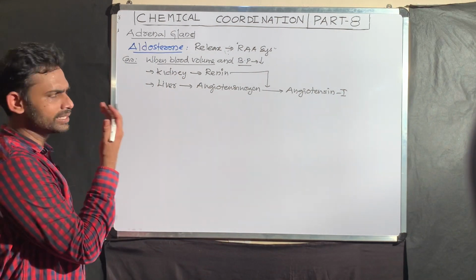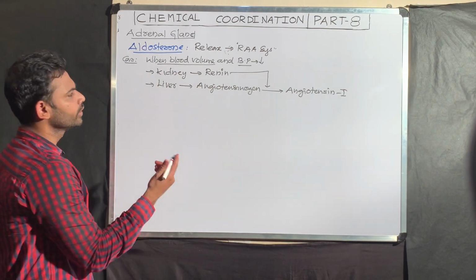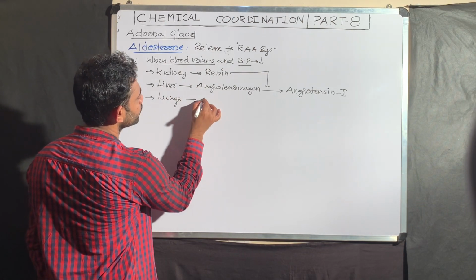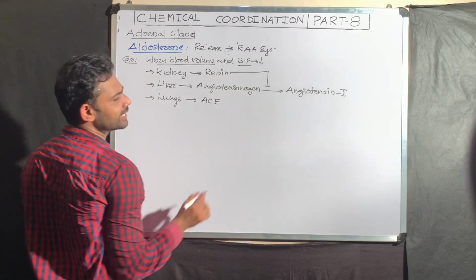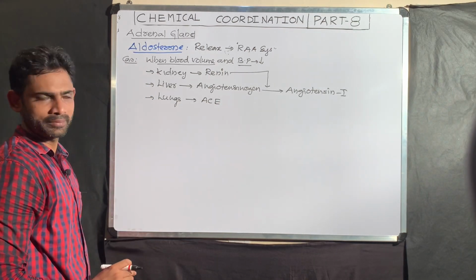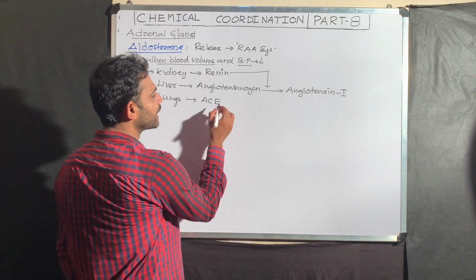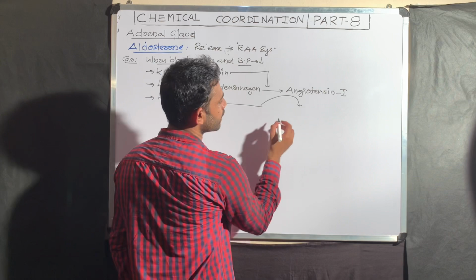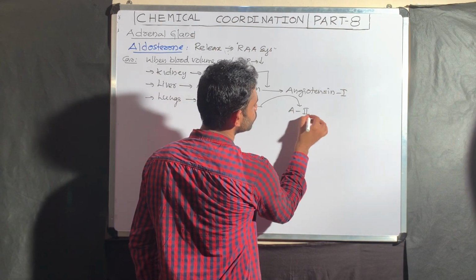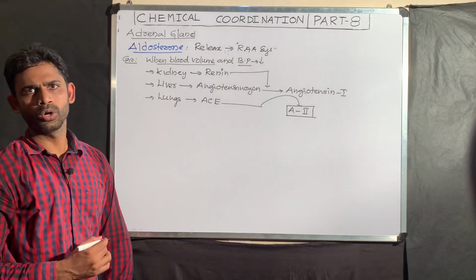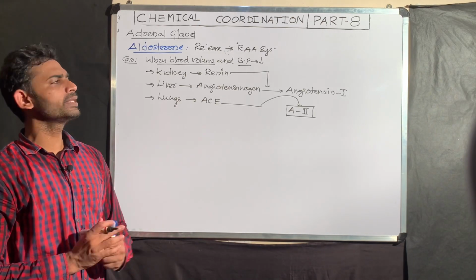Once this reaction is going on, next the lungs. Lungs produce a complex enzyme, ACE, angiotensin converting enzyme. This angiotensin converting enzyme converts angiotensin 1 into angiotensin 2, A2. Now BP is low, right?